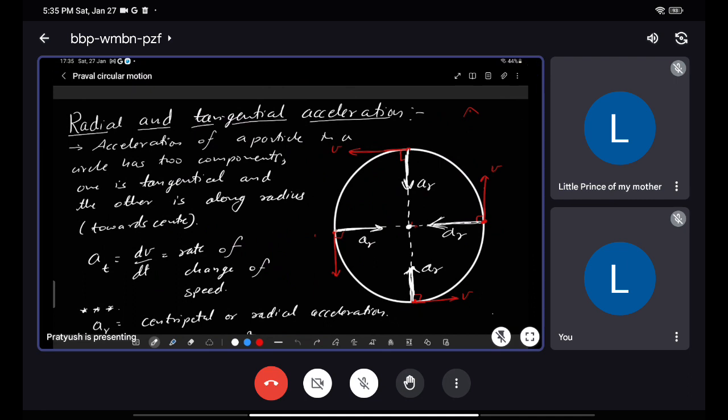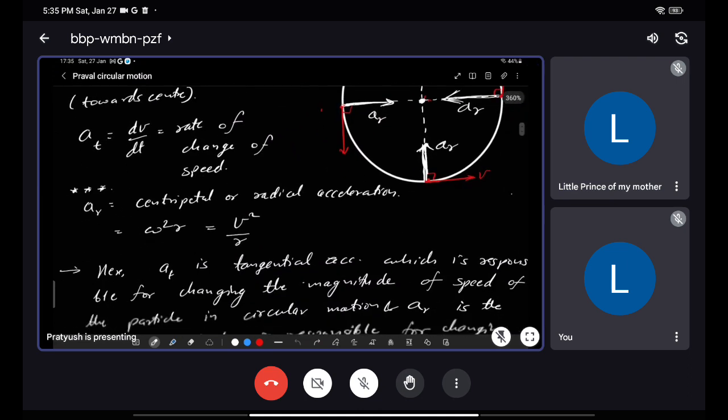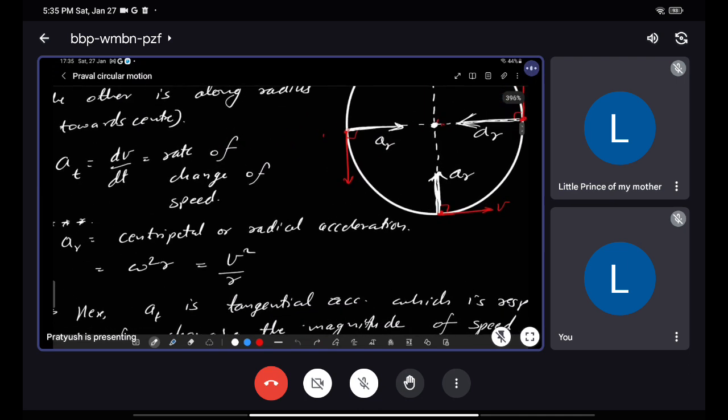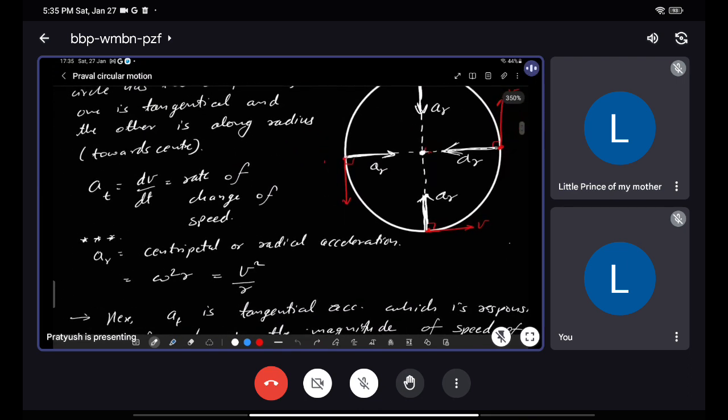But the acceleration which is towards the center is called centripetal or radial acceleration. Got it? This centripetal or radial acceleration is given by omega square r or v square by r.